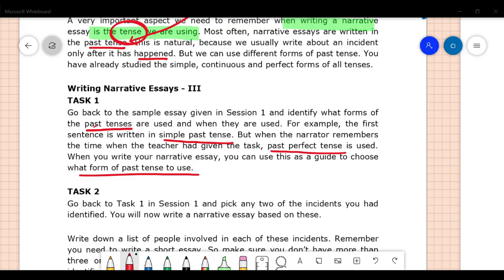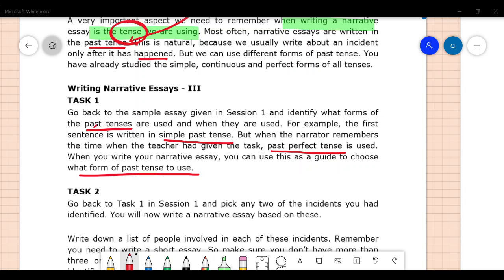What is a past perfect tense? Can you go back to the paragraph where we have read it? For example, I had left. I had left is a past perfect tense.